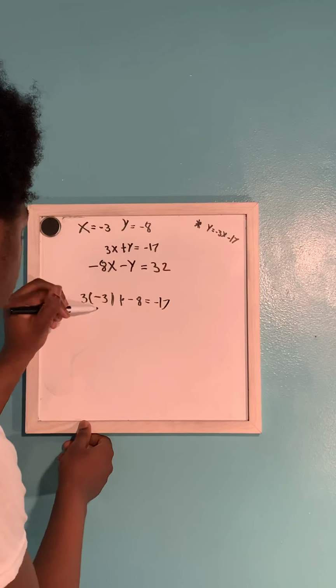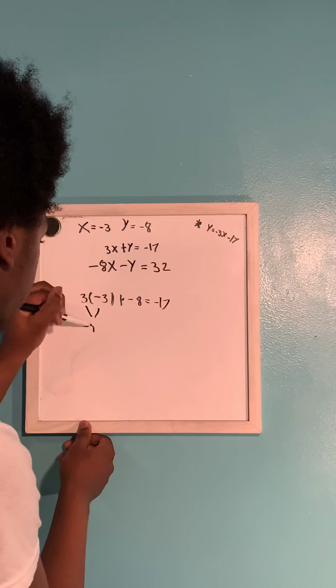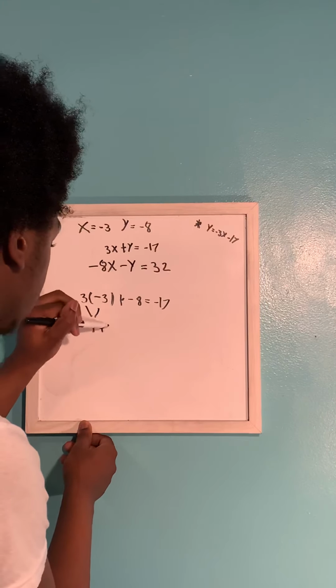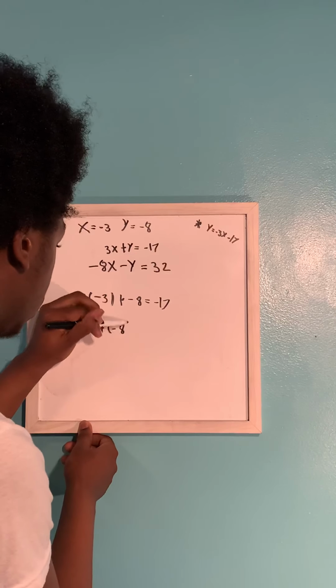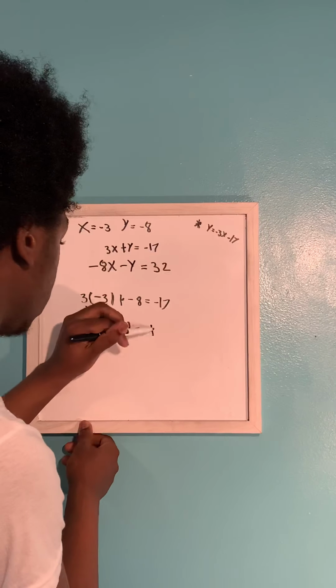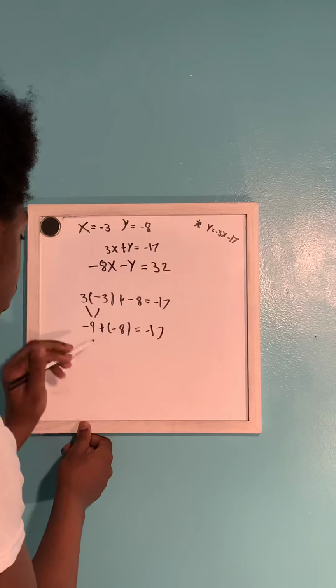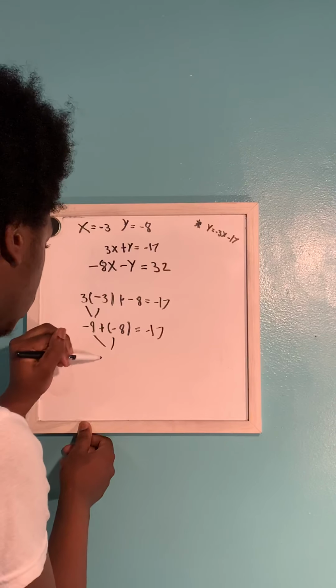So 3 times negative 3 is negative 9 plus negative 8, and that is equal to negative 17.